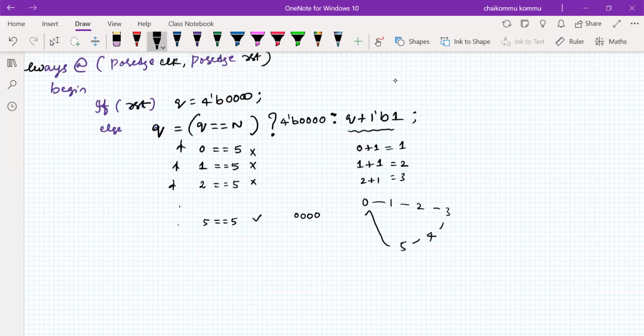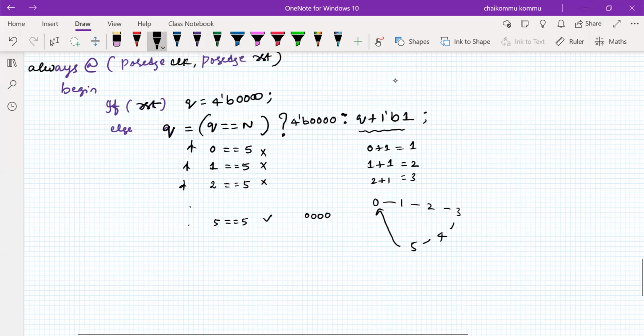Then after 5 it will come back to 0. So whatever N value you fix at the test bench, that value will be considered. So this is how we can control the maximum count value. Is it clear? Fine. A small modification we do here also, again, usual practice.